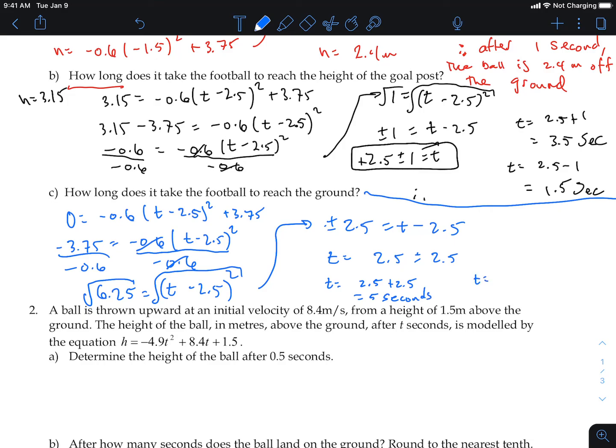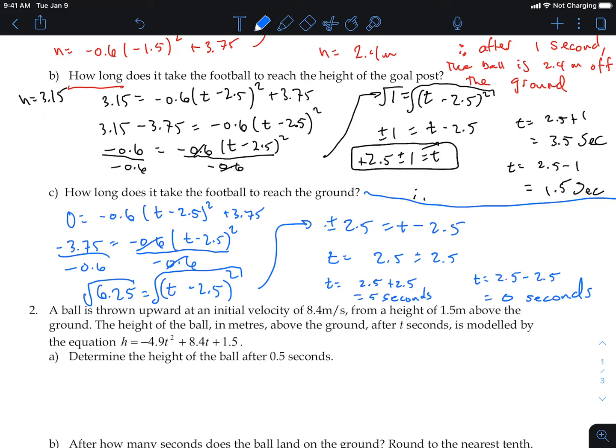And t is equal to 2.5 minus 2.5, which is equal to 0 seconds. That's what we said before we started the question. We should expect to see that the ball was on the ground twice. Once before we kicked it, once it came down. Time equals 0 and time equals 5 seconds.